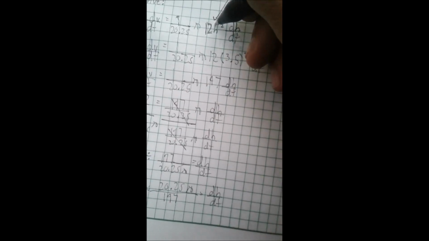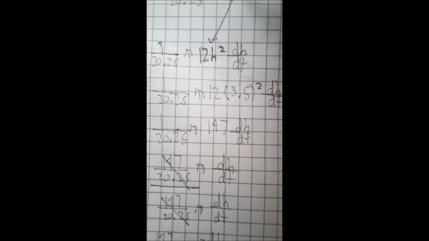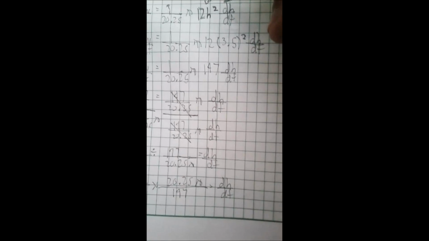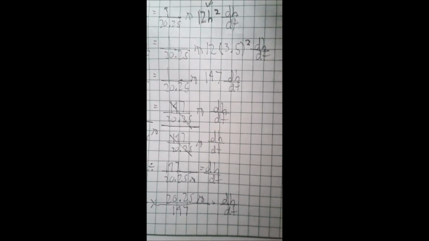So assuming 4h cubed, its derivative would be 12h squared, because 4 times 3 is equal to 12 and 3 minus 1 would be squared, so 12h squared. The only reason that dh over dt was present is because the value for the volume is substituted to dh over dt, for finding the rate itself.